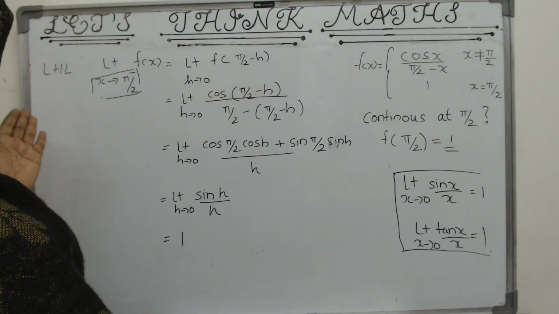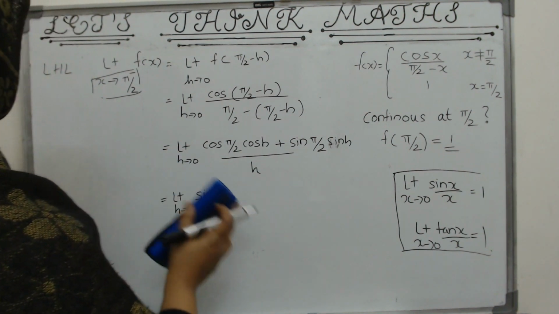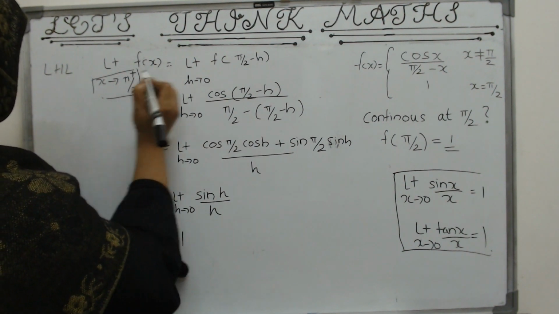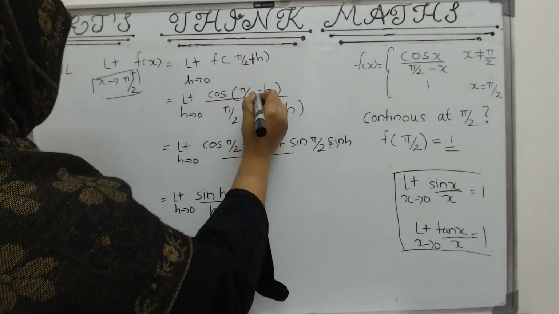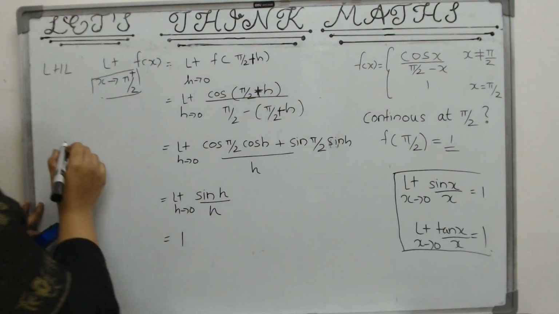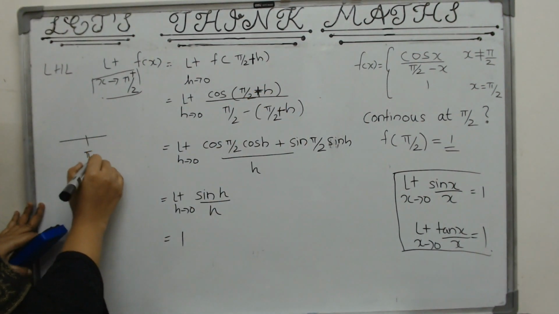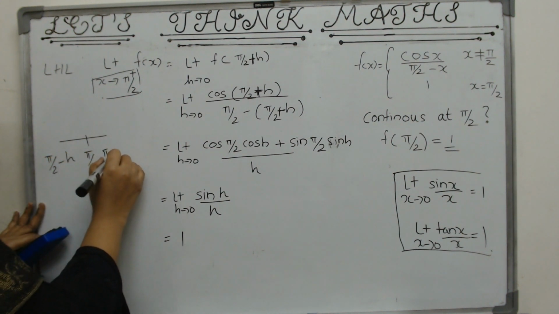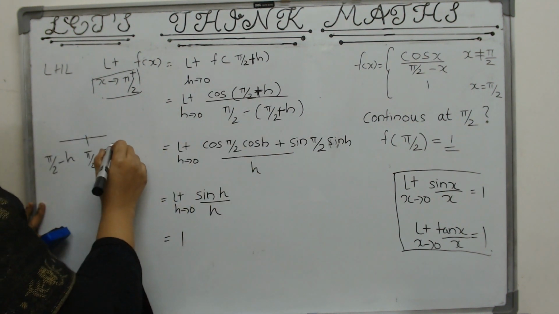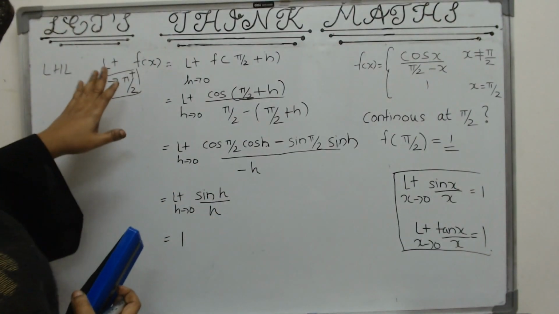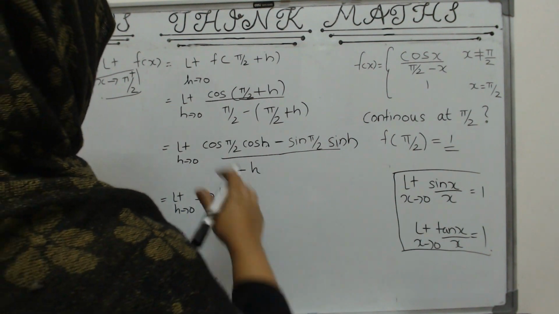Now we will find the right hand limit also. It is the same, except wherever you see minus here, you just put a plus. That is what we do, right? Before pi by 2, we take it as pi by 2 minus h. After pi by 2, that is to the right, for the right hand limit, we take it as pi by 2 plus h. So wherever you see minus, you just have to keep on putting plus.